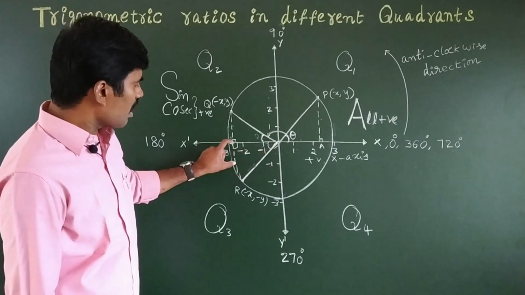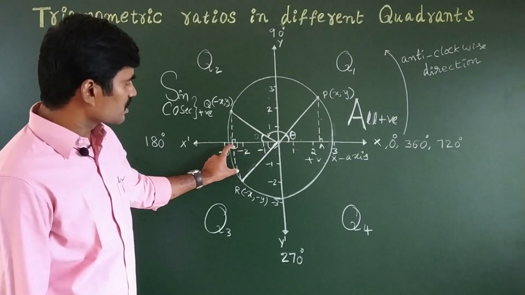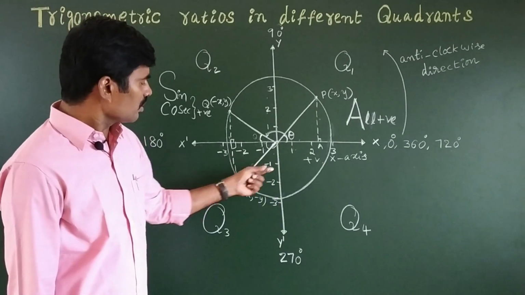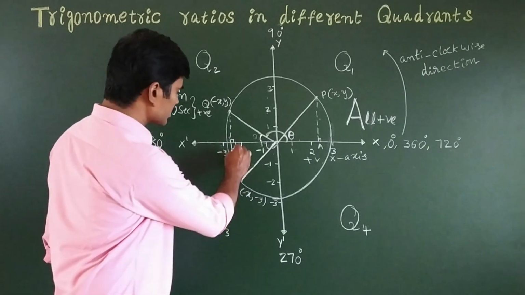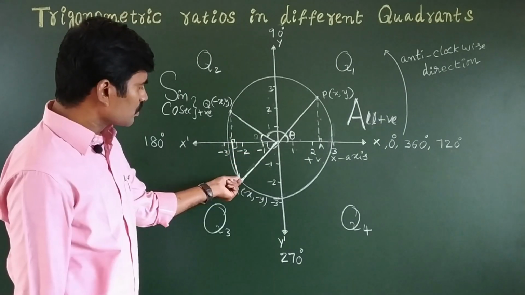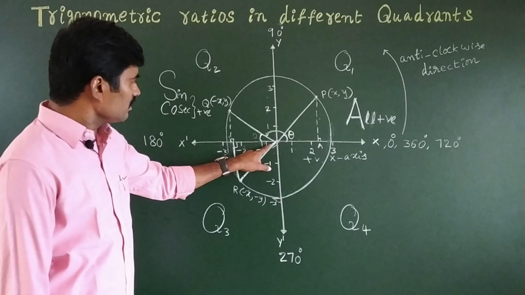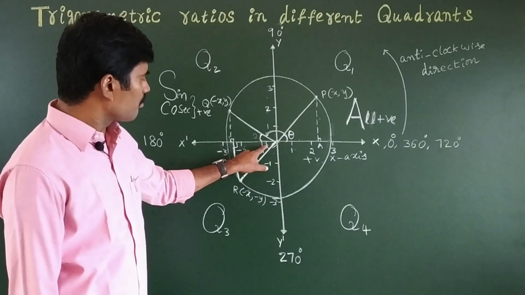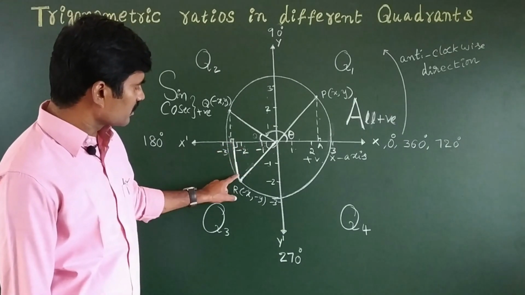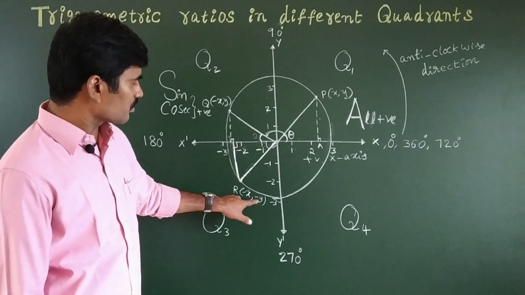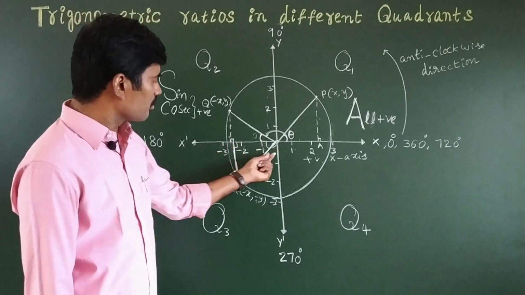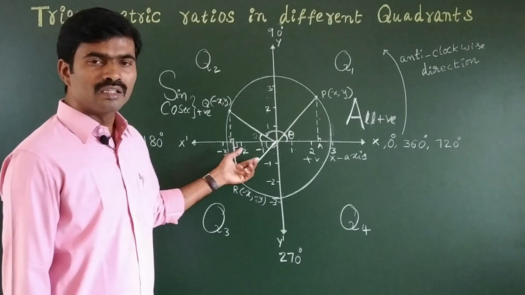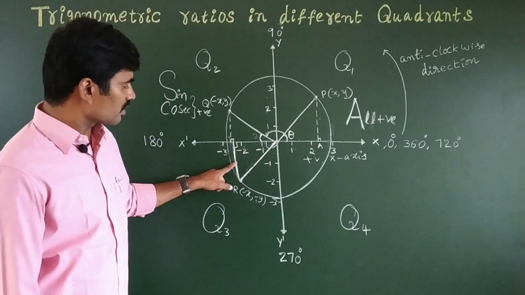Sin theta means opposite side by hypotenuse. The opposite side is negative, which is parallel to the negative y-axis. This length is minus y. So take it as negative, and the hypotenuse is positive. So negative by positive is negative. So sin theta is negative in the third quadrant.